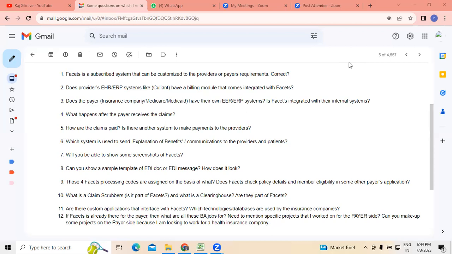If you remember, when I explained Medicare, Medicare and Medicaid are the two major things. Medicare is managed by the federal government, whereas Medicaid is taken care of by the state governments. In Medicare we have plans A, B, C, D, and so on. Plan C is a Medicare Advantage plan.